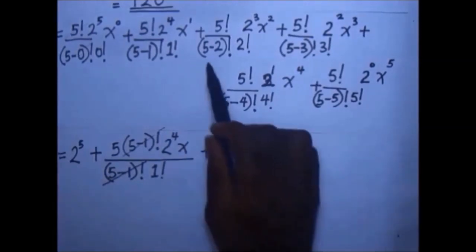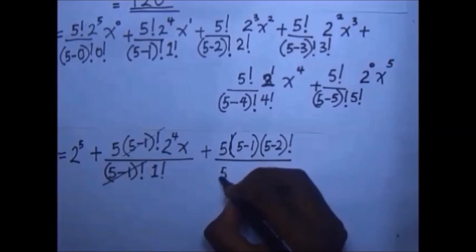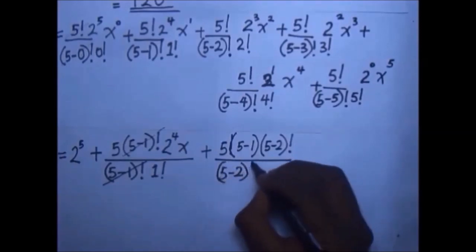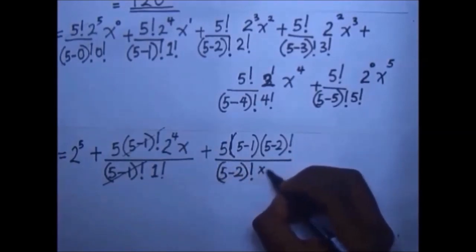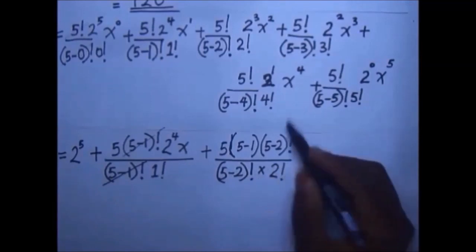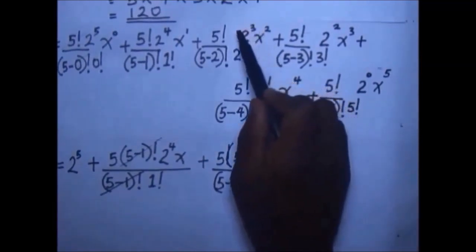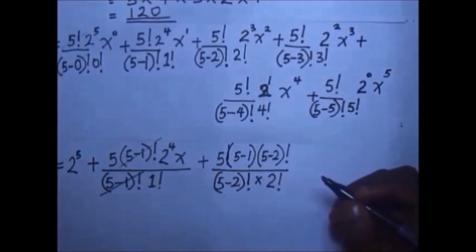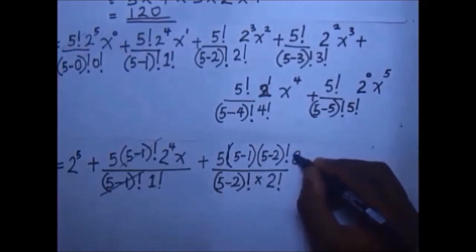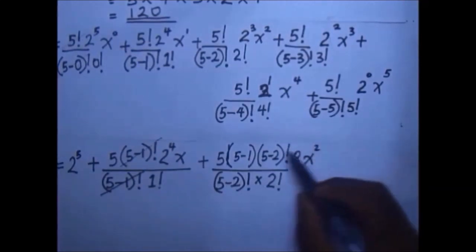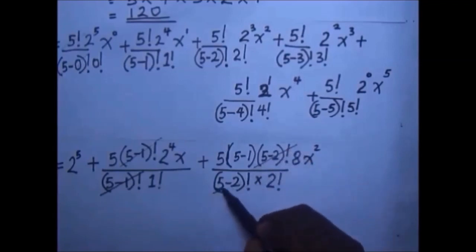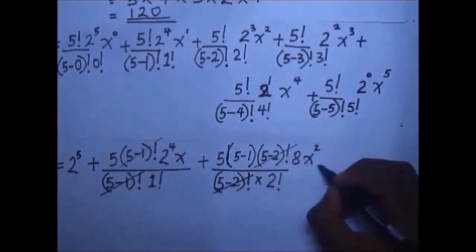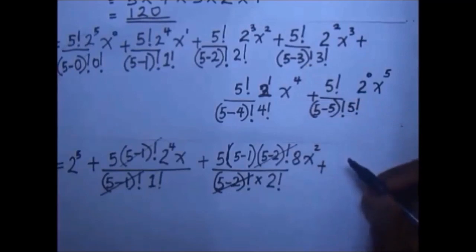Divide that by 5 minus 2 factorial, multiply that by 2 factorial. All this multiply by 2 to the power 3. 2 times 2 is 4, 4 times 2 is 8, so that is 8x squared. This cancels with that.